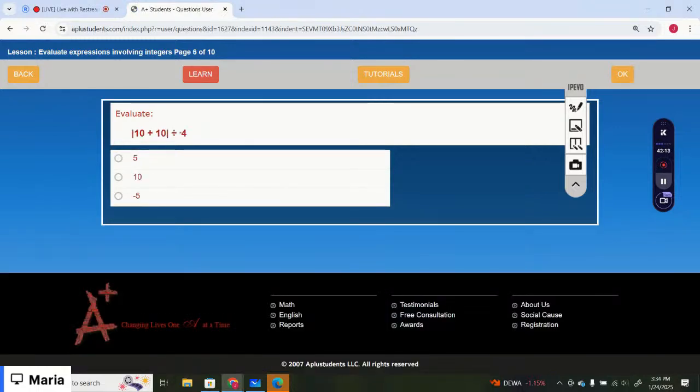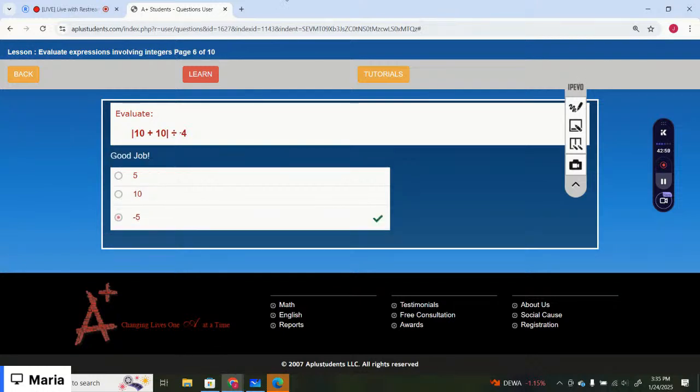So, okay, no problem, but be careful. 10 plus 10 divided by negative 4. That is negative 5. Option number 3 is the correct option.